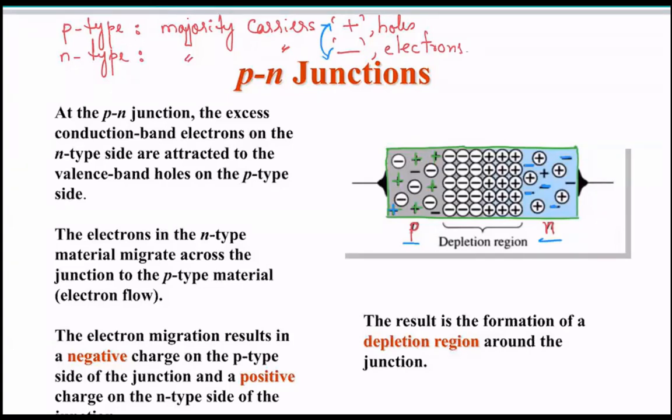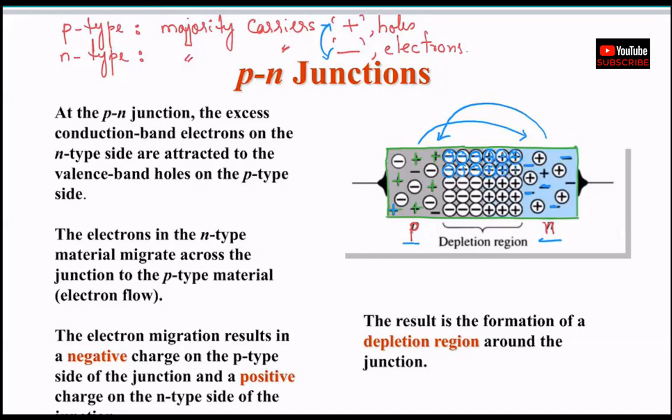So positive charges over here will be attracted towards here, and the negative charges here will be attracted toward the positive charges over here. And that's where you see this negative charge barrier over here. And similarly, you see the positive charge barrier over here. A very simple phenomena.